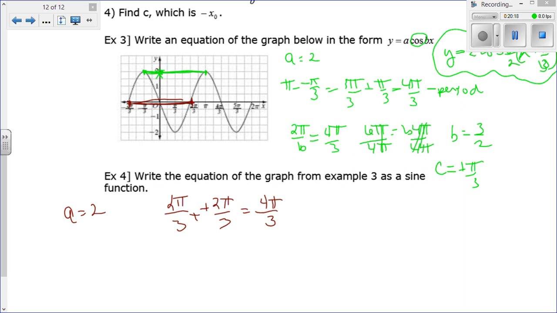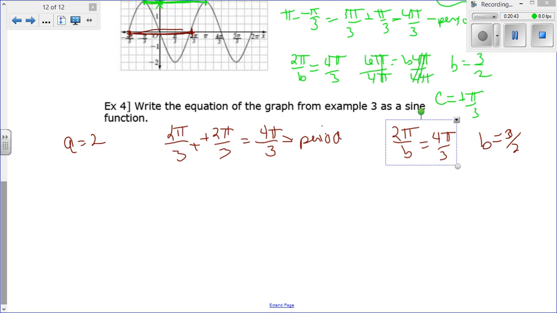So this is the period. Then to find b, we take 2 pi divided by b and set it equal to 4 pi over 3. When you cross multiply, you should still get b to be 3/2, because the math doesn't change from the part above.